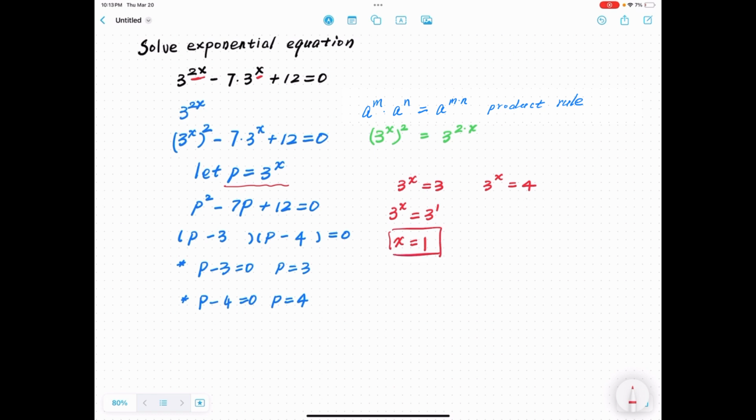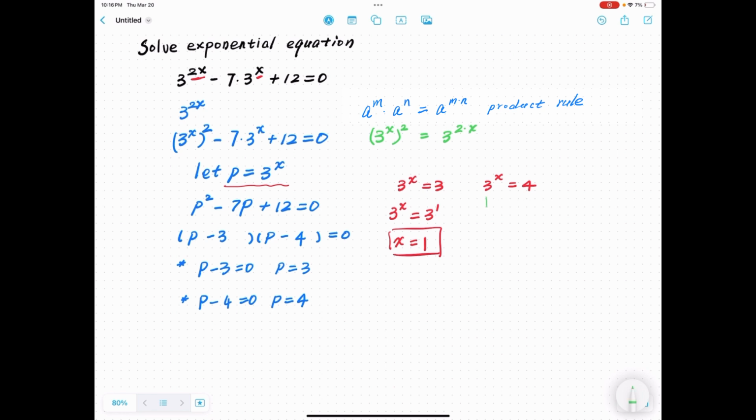Let's take a look at the second equation. We have 3 to the power of x equals 4. This one is a bit different. We can't easily express 4 as 3 to some power. So to solve this, we need to use logarithms. One way is to change this exponential equation to its log form.